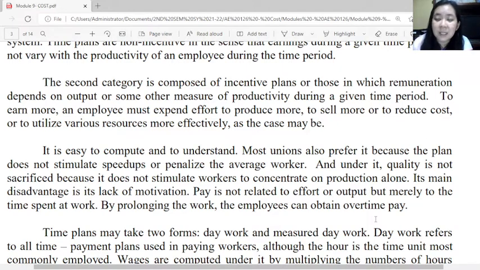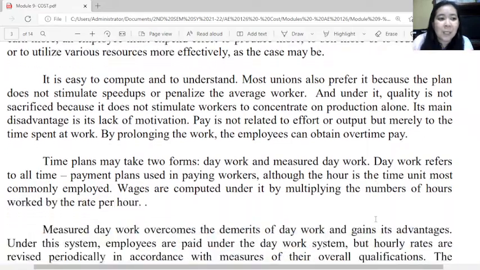Because in this case, they will be paid according to their productivity. So it is easy to compute and understand these two different types of wage plans. The first one is based on the number of hours or the time spent on working, and the other one is based on the output or productivity.